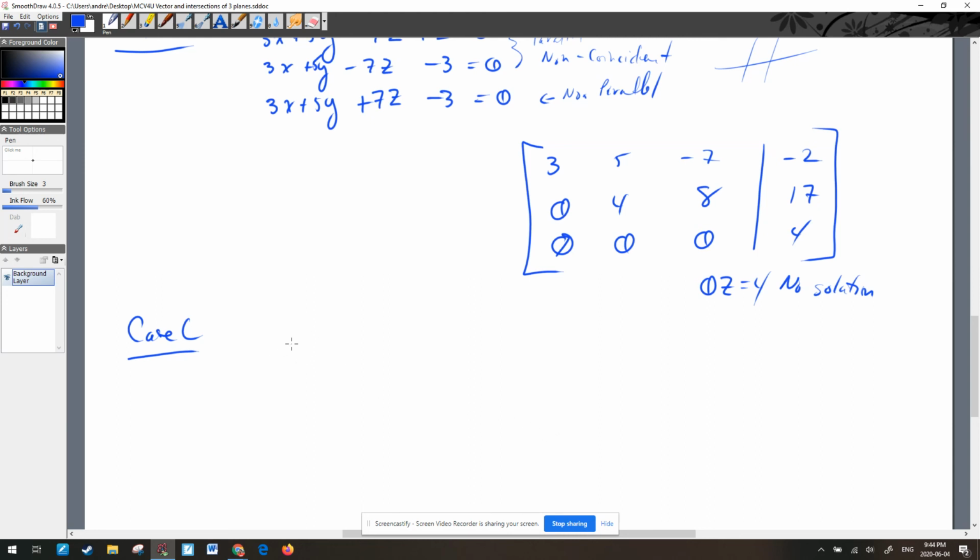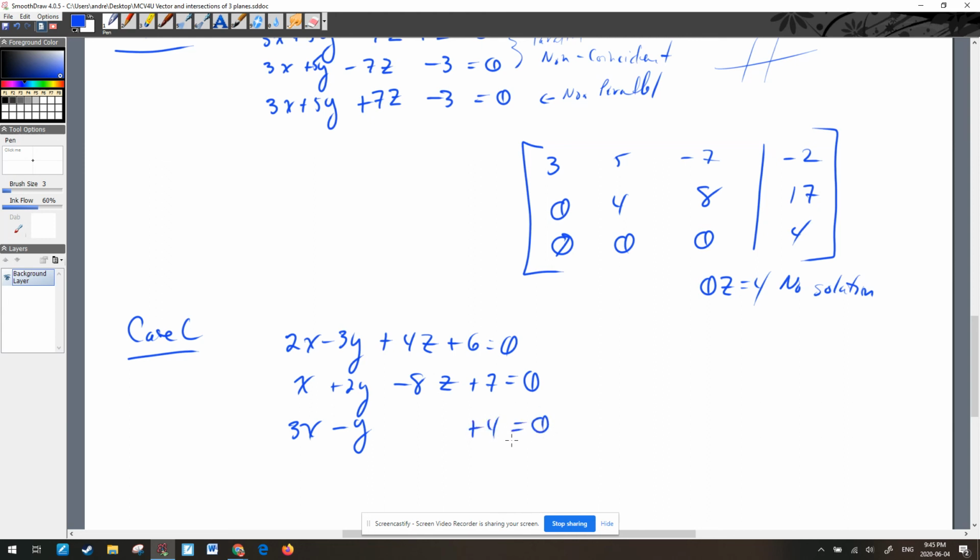So you would have something along the lines of 2x minus 3y plus 4z plus 6 equals 0, and x plus 2y minus 8z plus 7 equals 0, and 3x minus y plus no z plus 4 equals 0.